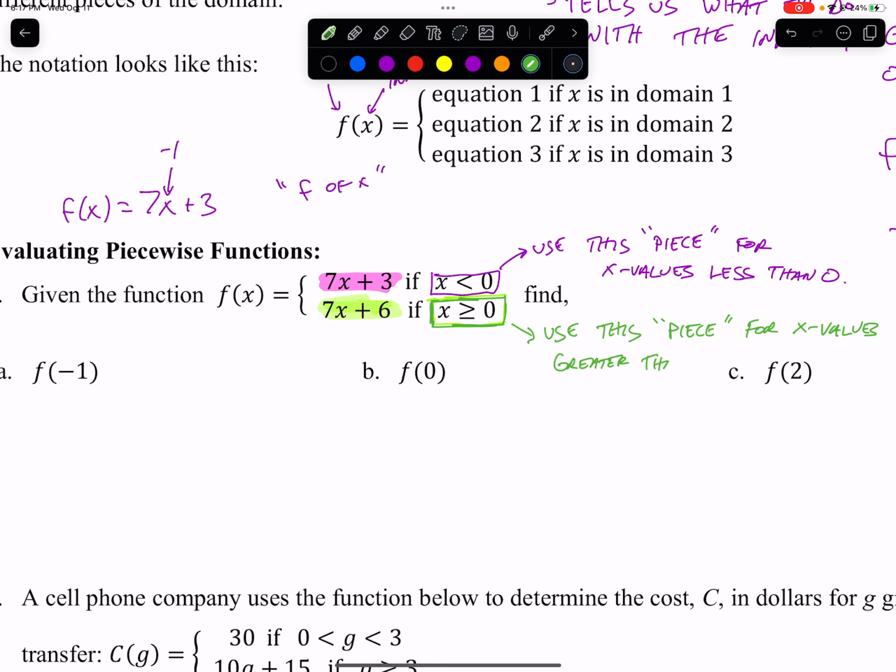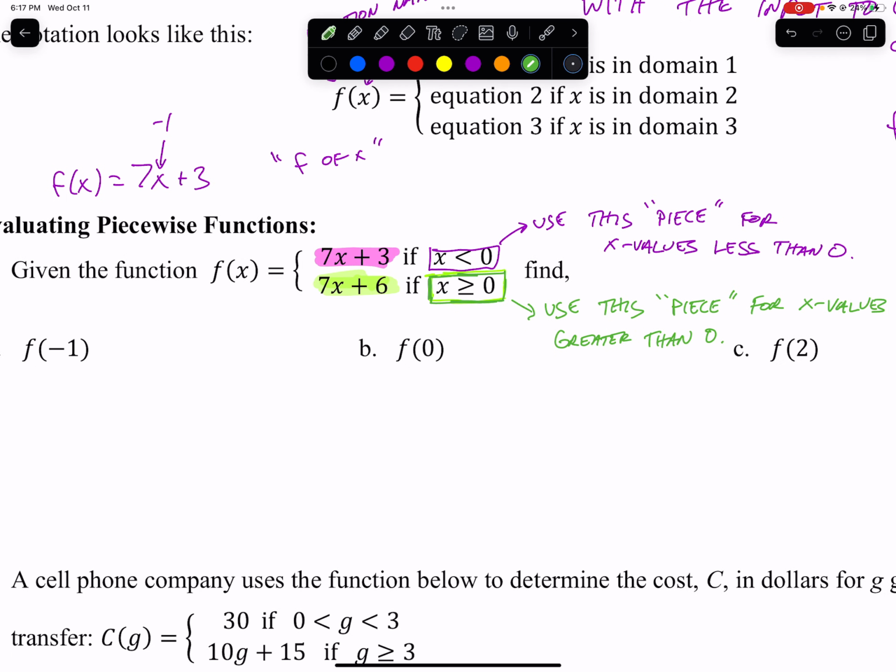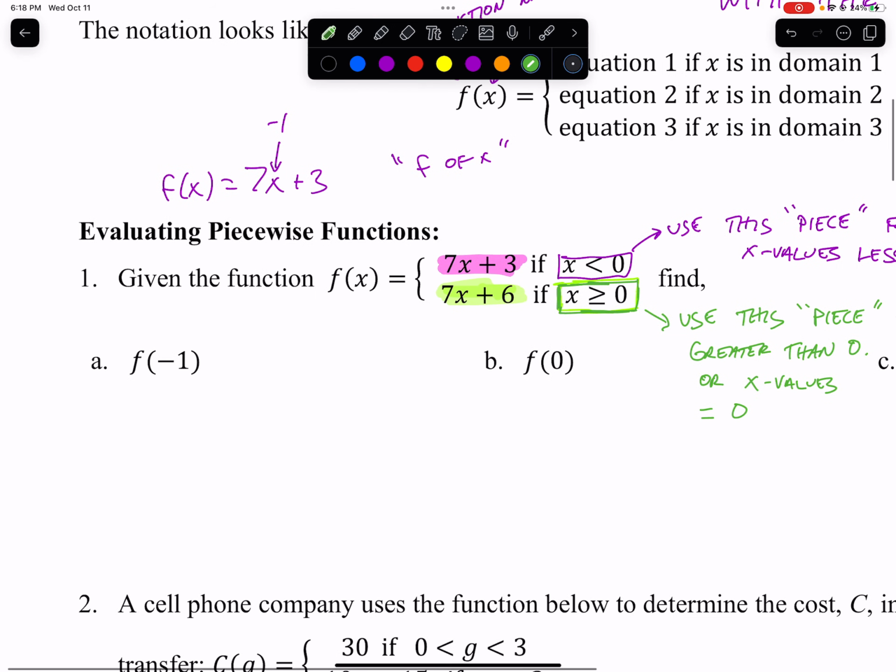And that only leaves one number left. What if our x value is 0? Do you use the bottom piece or the top piece? And in this case, you will use the bottom piece because there's an or equals to sign. So use this green piece or bottom piece for x values greater than 0 or x values equal to 0.